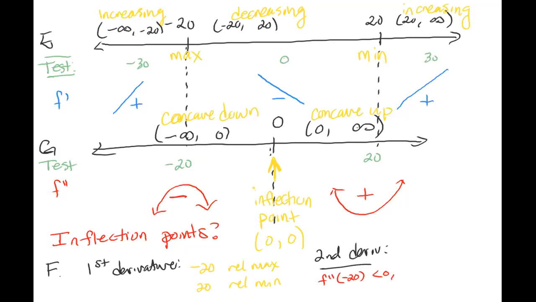By the second derivative test, this tells me that -20 is the location of a relative maximum, the exact same thing I found here. And very similarly, the second derivative at x equals 20 we found is positive. So that tells me that 20 is the location of a relative minimum by the second derivative test. Right here.